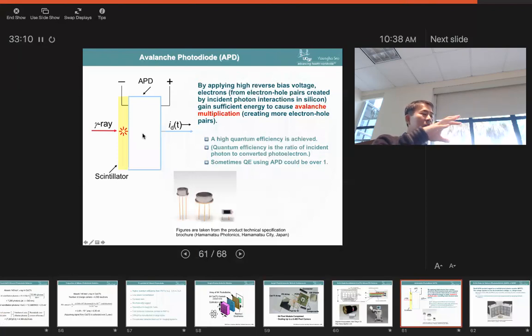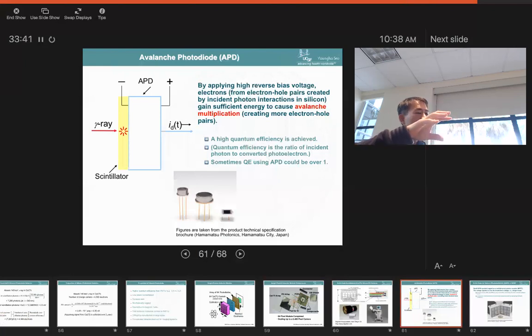With a very high voltage applied, you have a very strong electric field, and the electrons can gain a lot of energy, causing a cascading effect of amplification. That process is called avalanche multiplication, and this device is called an avalanche photodiode.